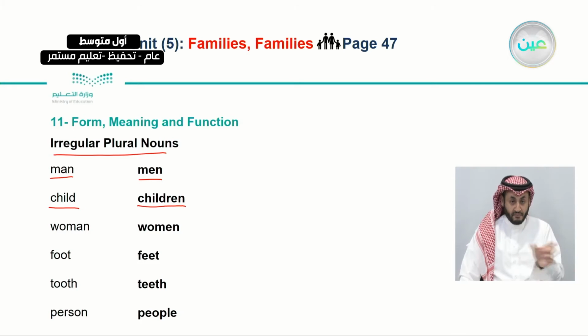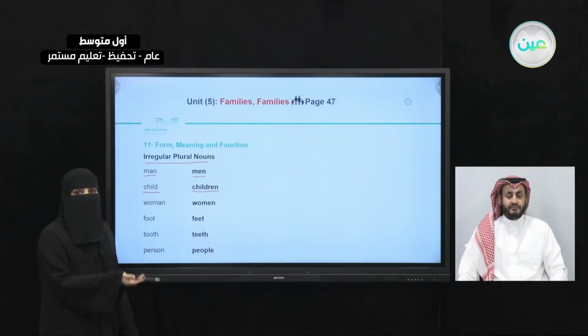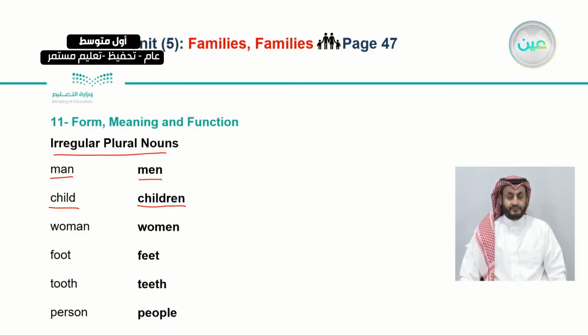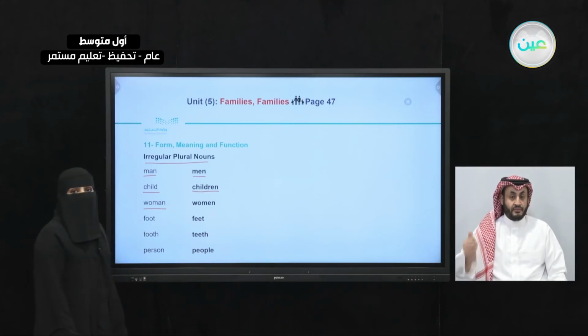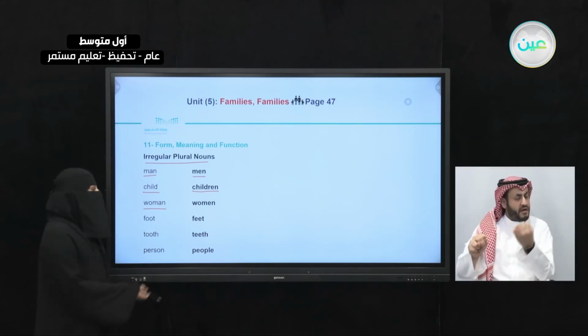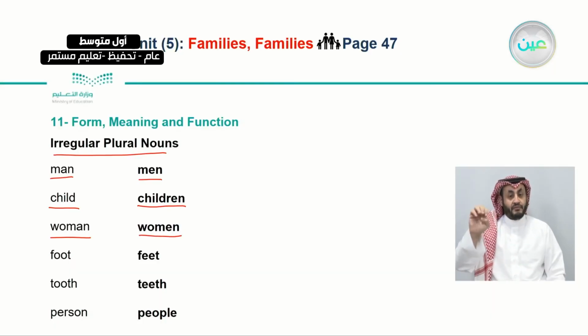Children. Child, children. 2 children, 3 children, and so on. How about woman? What's the plural form of the irregular noun woman? 2 or 3 women. Did you notice that?